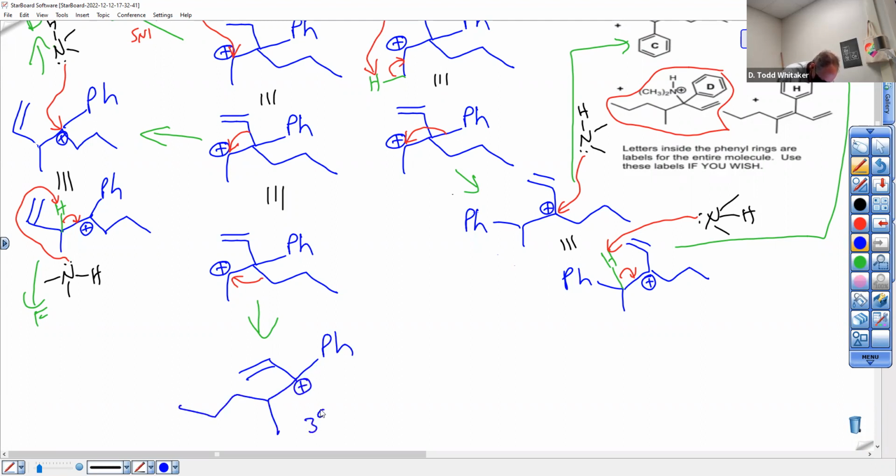It's tertiary, allylic, benzylic. What is it every time you have allylic? Plus 1.5. What is it every time you have benzylic? Plus 1.5. What's the total of all those numbers?